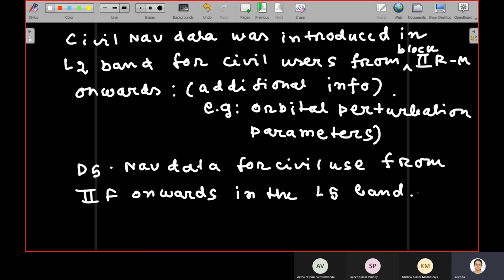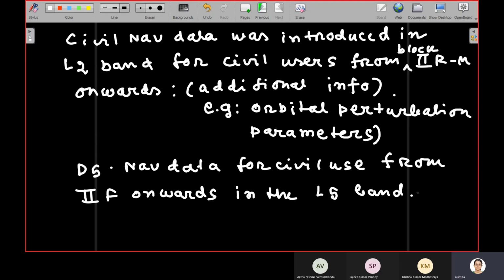Okay. We want dual frequency capability because later when we'll talk about the ionosphere, we'll see that if the receiver can process dual frequency signals, it can eliminate the ionospheric error. The ionospheric error actually has a dominant contribution to the civil measurement.